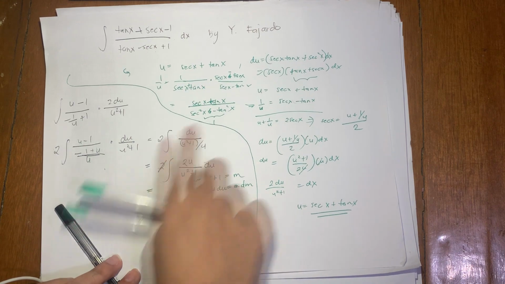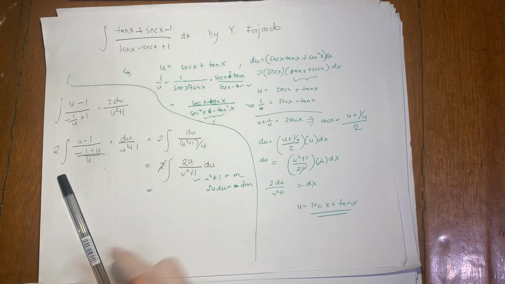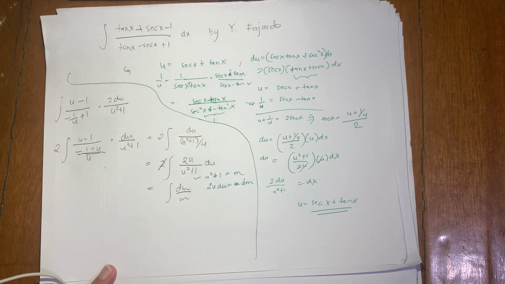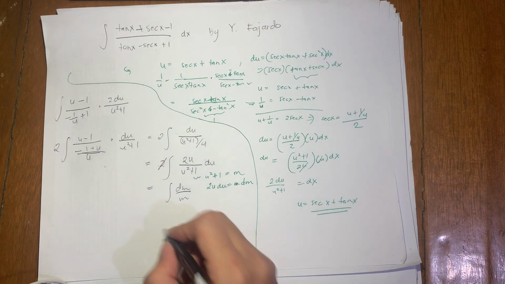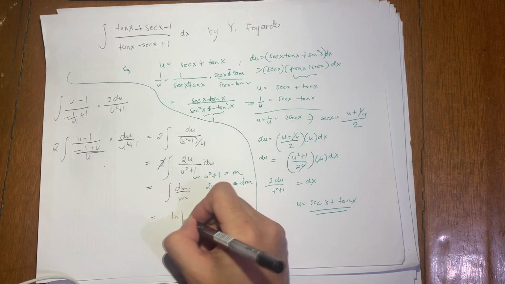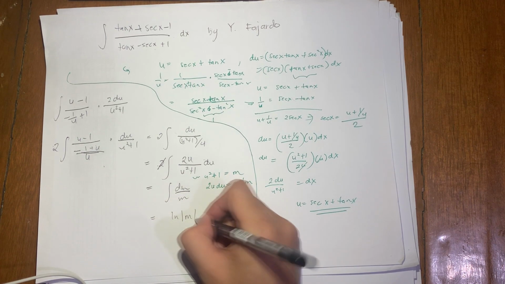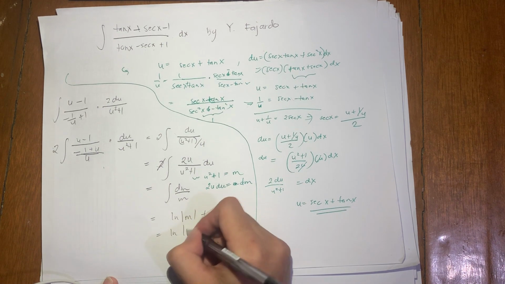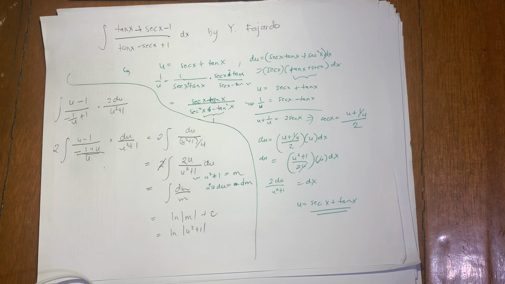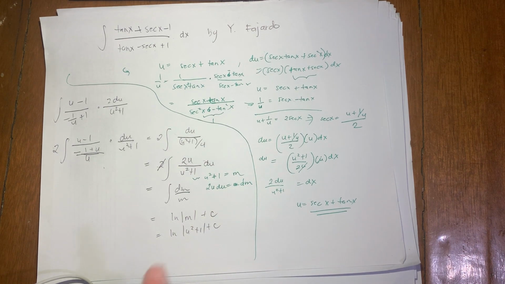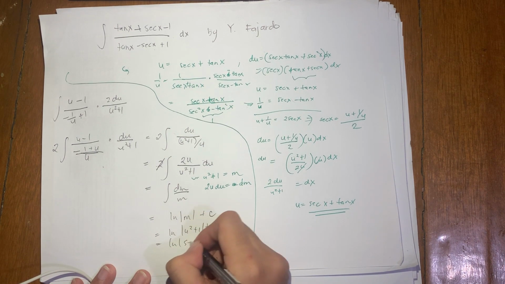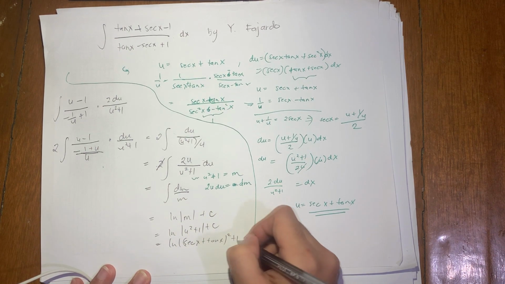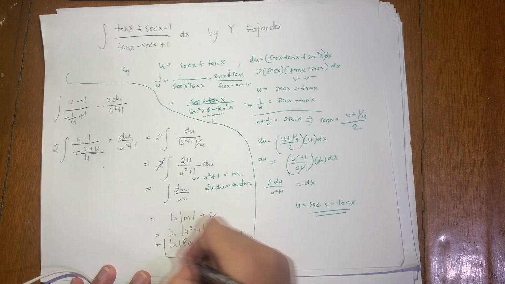So this entire expression becomes just dm over m, which is very impressive. This becomes ln of absolute value of m plus c. Then your m is u squared plus 1, so this is ln of u squared plus 1 plus c. Then your u is secant x plus tangent x, squared, plus 1, plus c. Done.